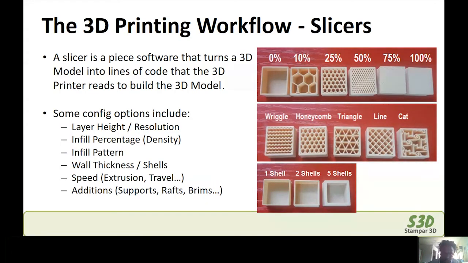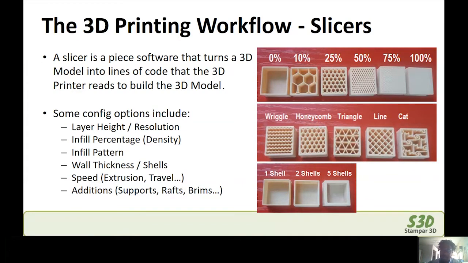Now, if we look at the images I have here on the right, my 3D model was the same for all these images, which was an open-ended cube. In the top row, you can see it going from 0% to 100%.